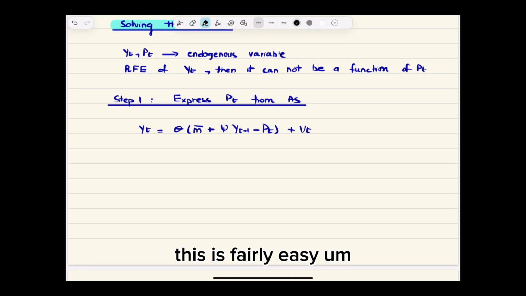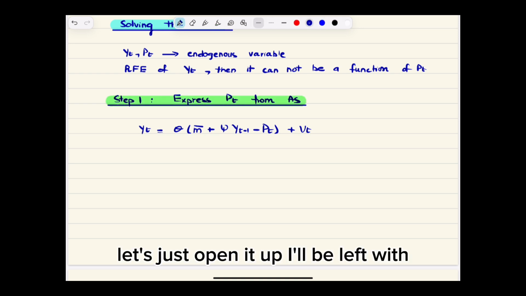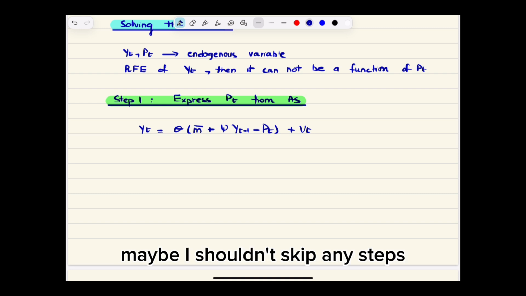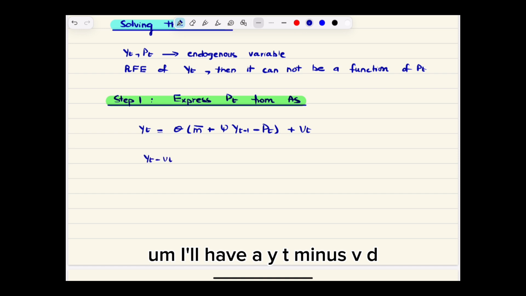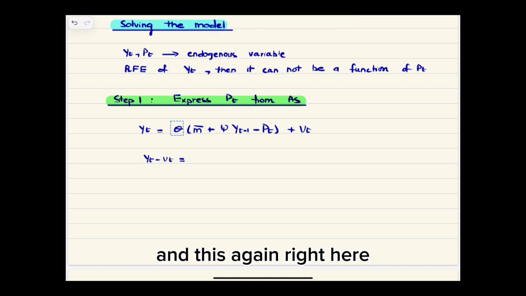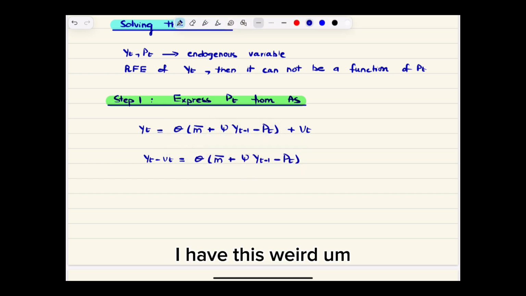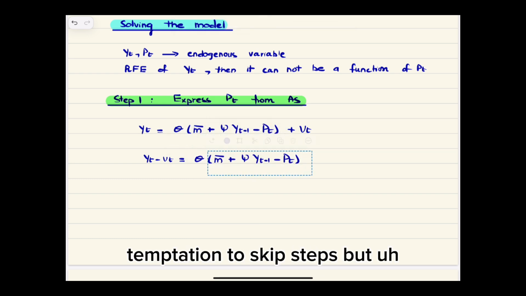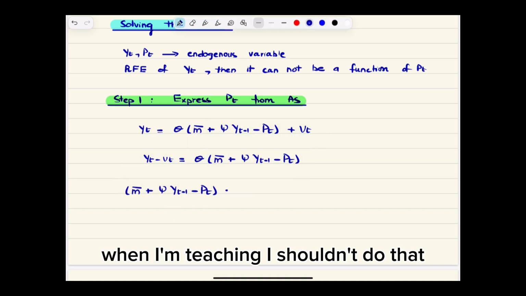This is fairly easy. Let's just open it up. I'll be left with, maybe I shouldn't skip any steps and I should actually write this down. I'll have a yt minus vt, and this again right here. I have this weird temptation to skip steps, but when I'm teaching, I shouldn't do that.